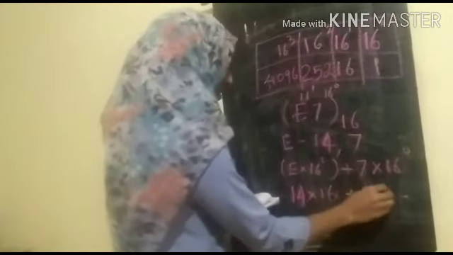Then E into 16 raised to 1 plus 7 into 16 raised to 0. Sorry students, some mistake. E is 14. Then 14 into 16 plus 7 into 16 raised to 0, which is 1. 14 into 16 is 224, plus 7 is 231.